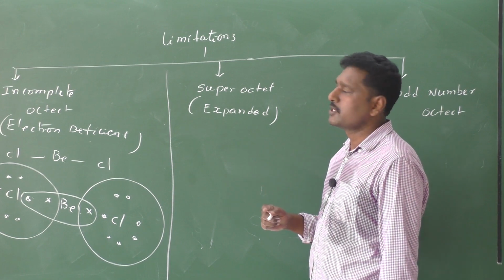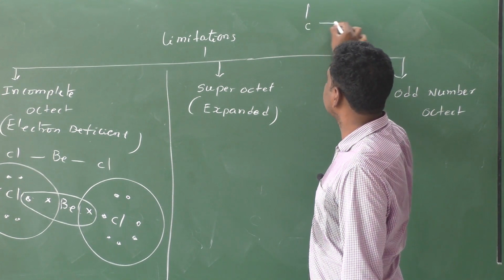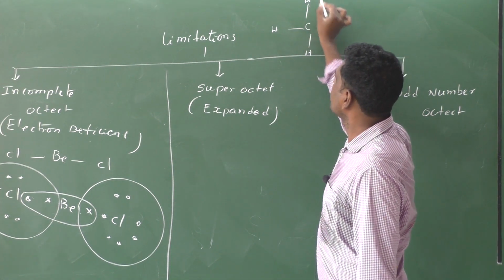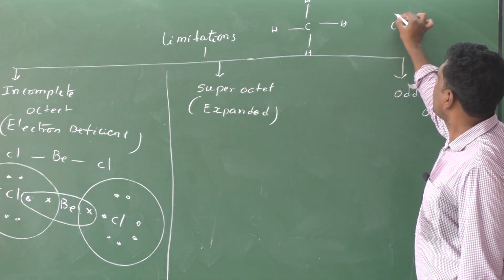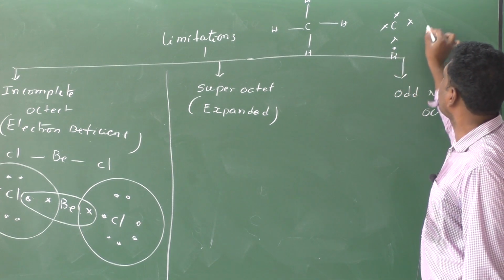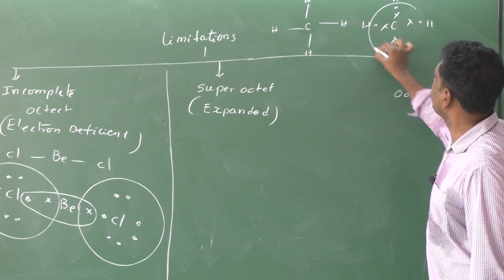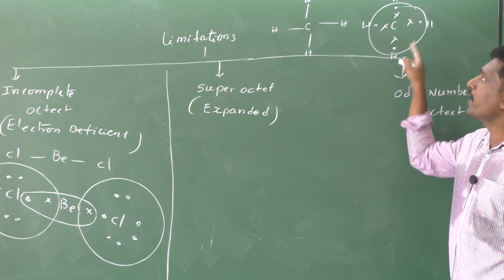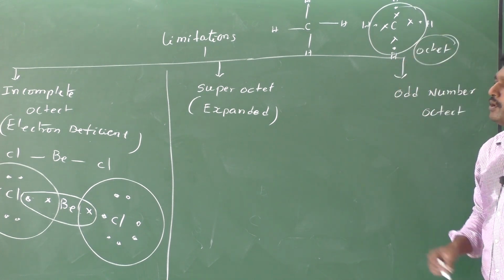For the octet rule, the best example is methane. Carbon has 4 electrons and each hydrogen has 1 electron. The central carbon atom has 8 electrons, therefore it follows the octet rule.